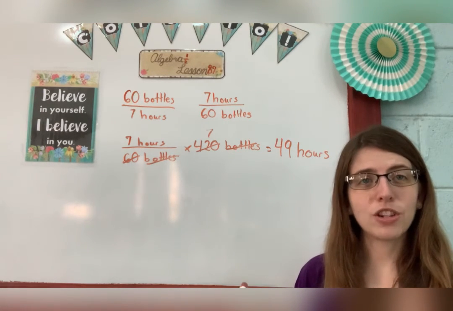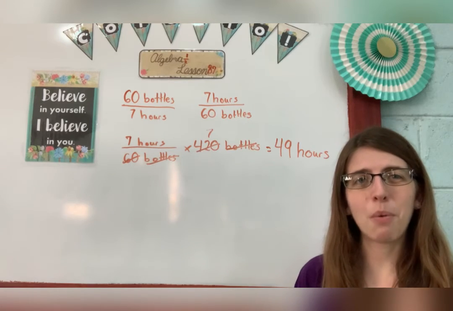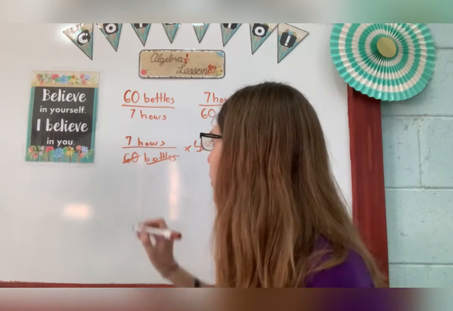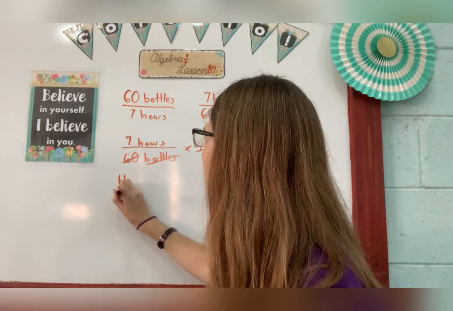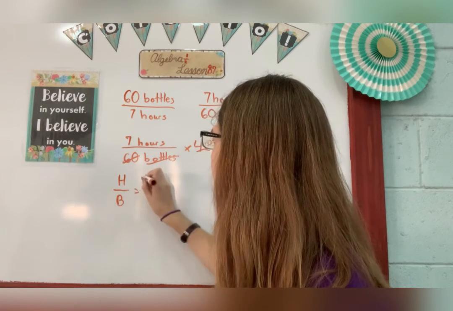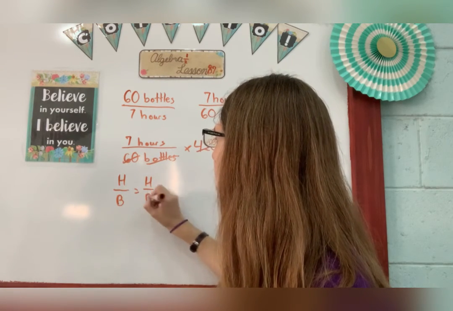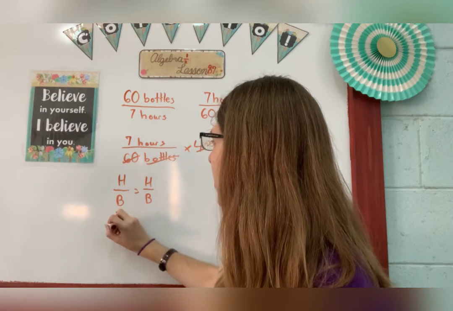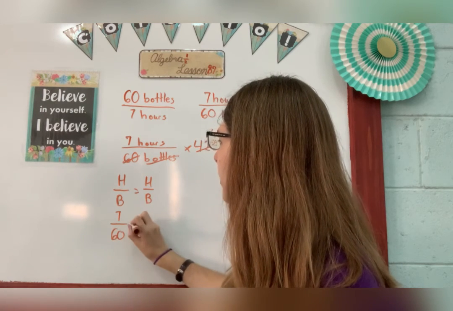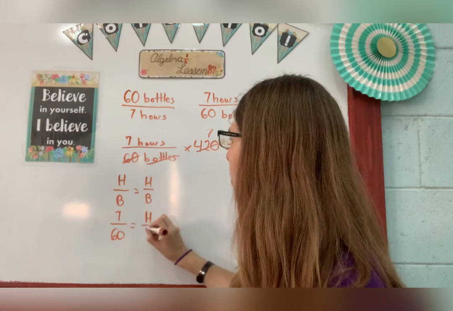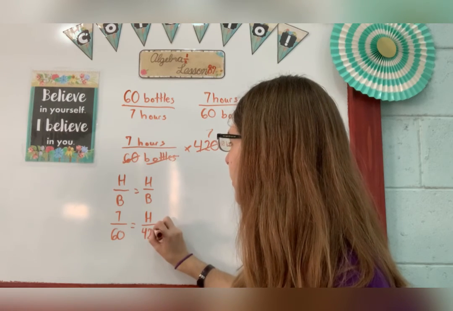Let's double check and make sure I get 49 hours when I work it as a proportion, as a ratio. So if I say hours to bottles equals hours to bottles, I know that in 7 hours I can do 60 bottles, and I'm looking for how many hours I can do 420 bottles.